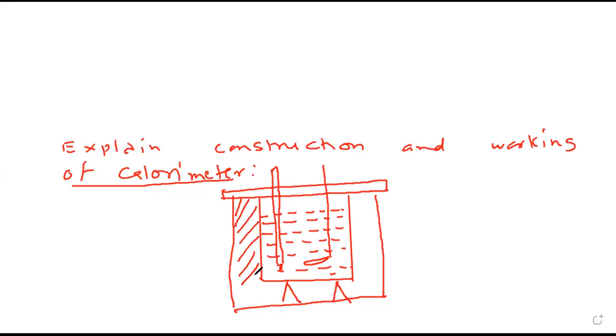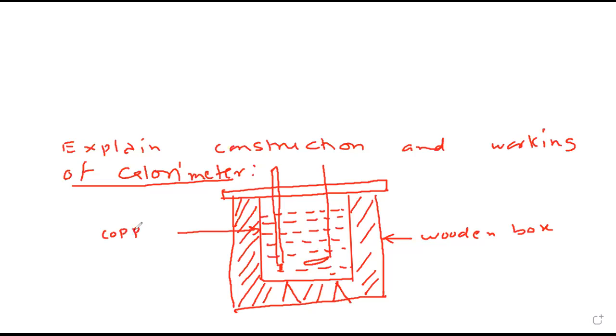The wool or insulator is filled in the space between calorimeter and wooden box. So this is the wooden box in which copper calorimeter is placed, or we can say copper vessel is placed.